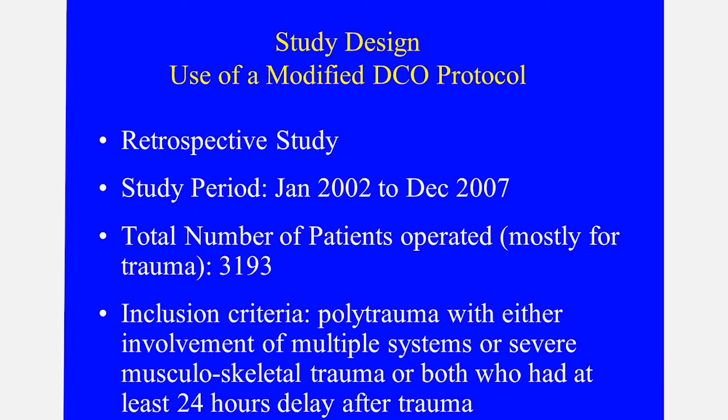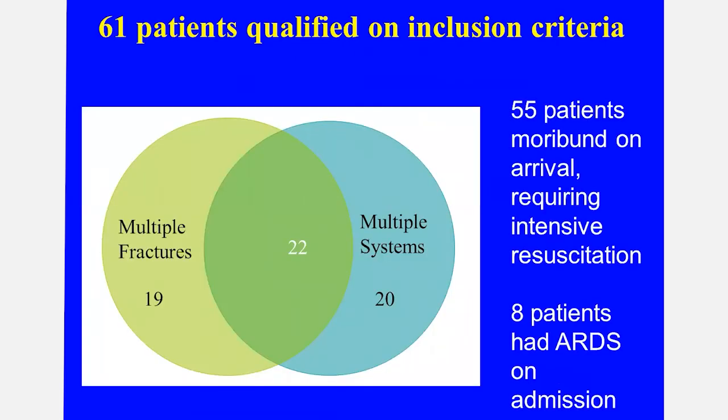And we then looked at a study protocol, and we looked at all the major trauma we dealt with in 5 years, and we operated on many cases, but those who had polytrauma, who had either involvement of multiple systems or severe musculoskeletal trauma, or both, with at least 24 hours delay after trauma, we put them all together, and we found that 61 of them qualified on inclusion criteria.